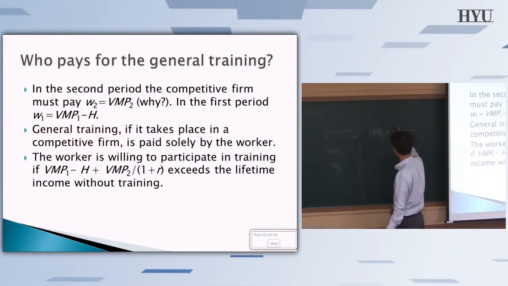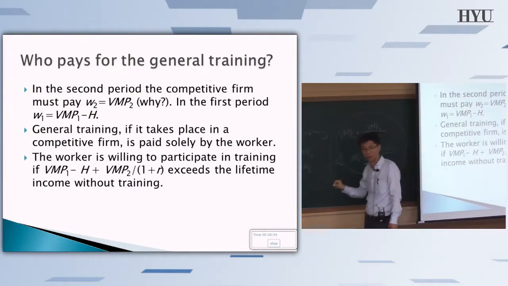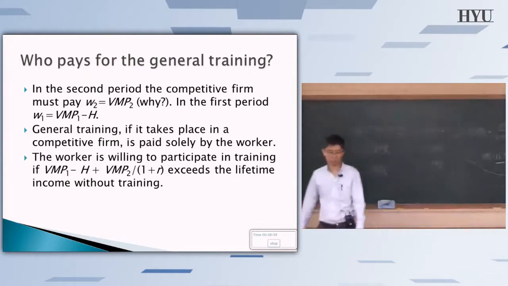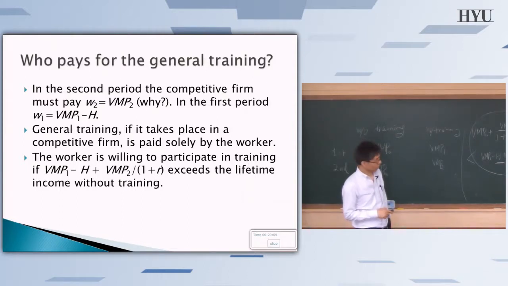If it is a competitive market, the lifetime income without any training is VMP0 plus VMP0 over 1 plus R. If this is less than VMP1 minus H plus VMP2 over 1 plus R, then obviously it's worth participating in training even paying the cost H. So it is quite possible, if H is low enough or VMP2 is large enough, that the individual is willing to participate in the training.